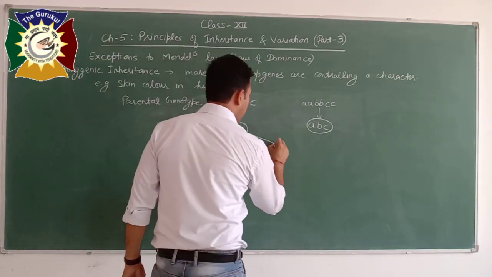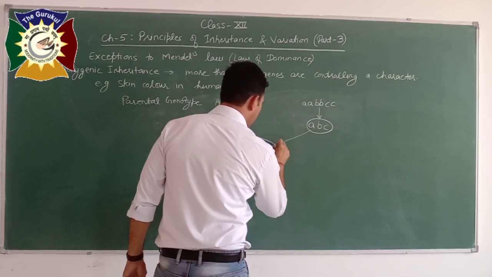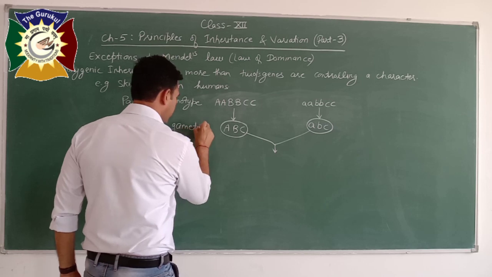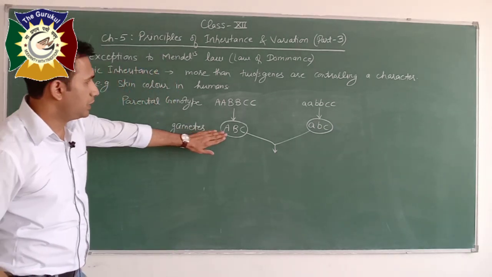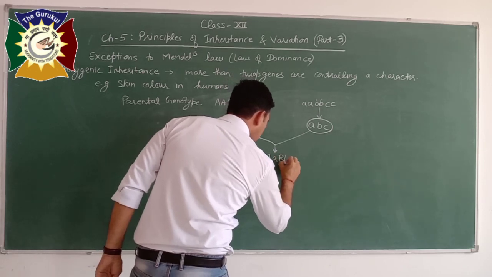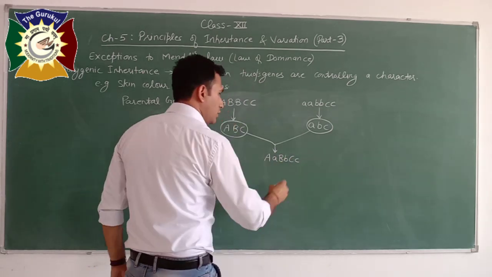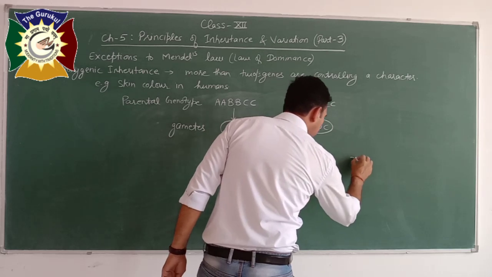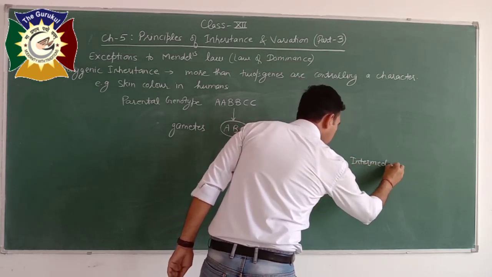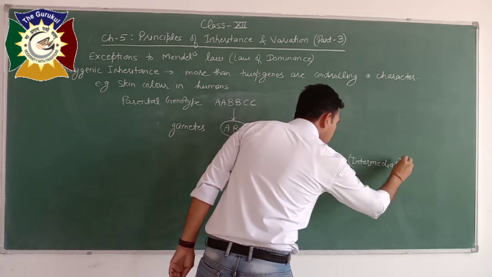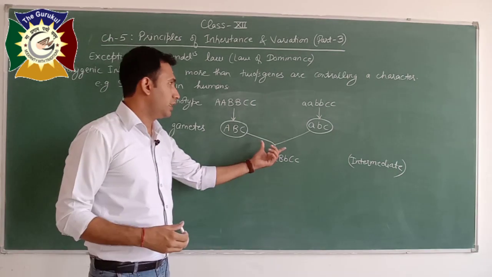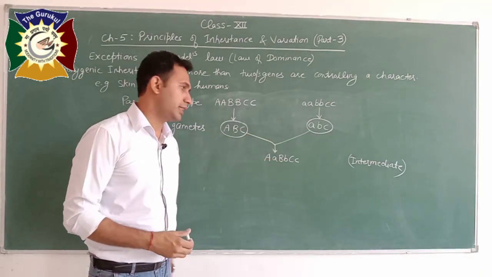Now when they fuse, fertilize, so these are gametes. When these gametes fuse, they will produce Aa, Bb, Cc. So we will write it intermediate, meaning the person will be neither black nor white, it will be of intermediate type.